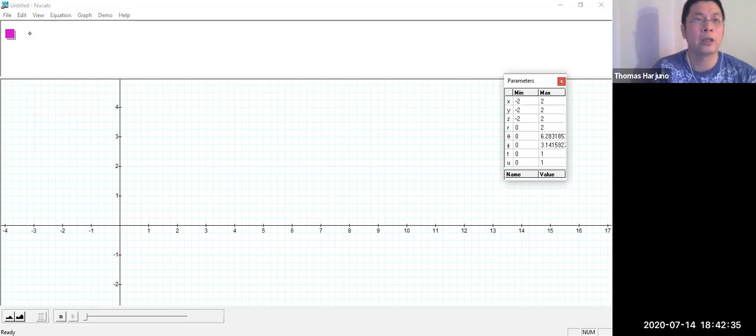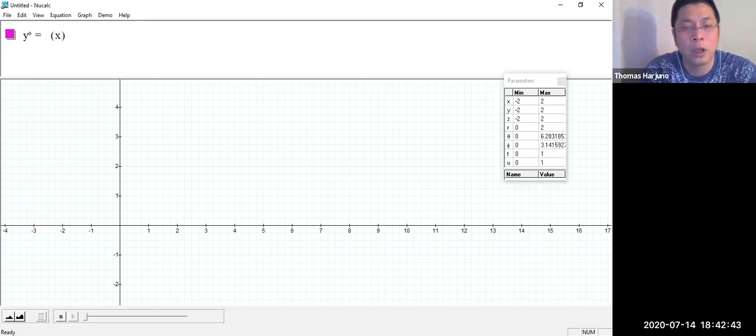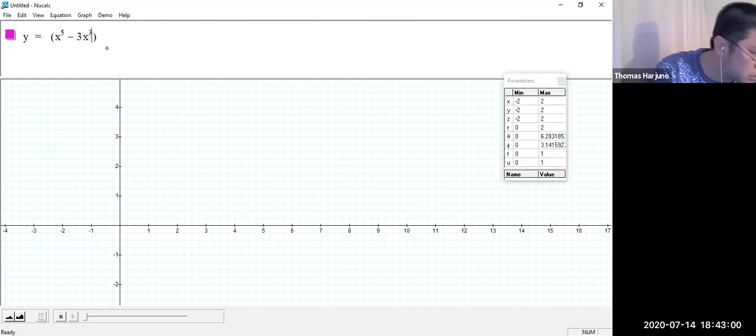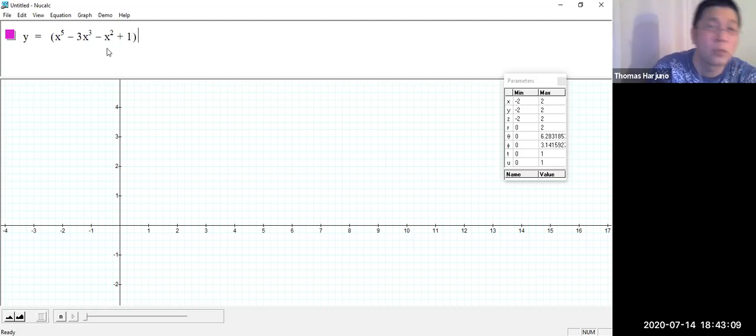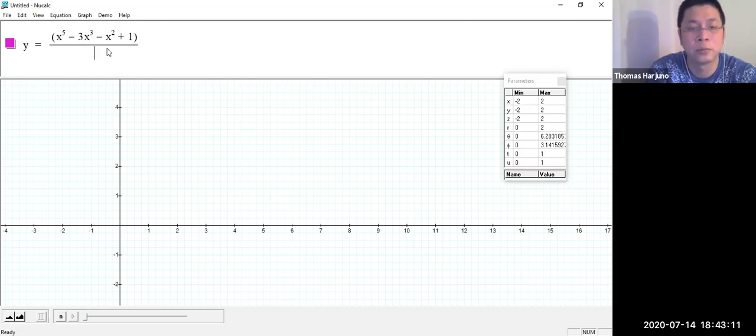So y equals x to the fifth minus 3x cubed minus x squared plus 1 over x squared minus 3.